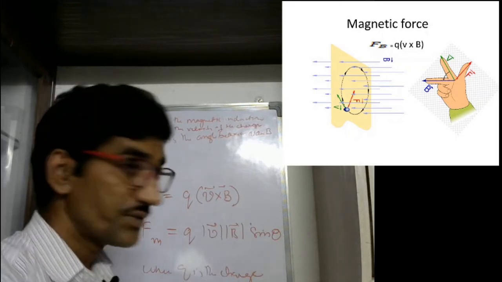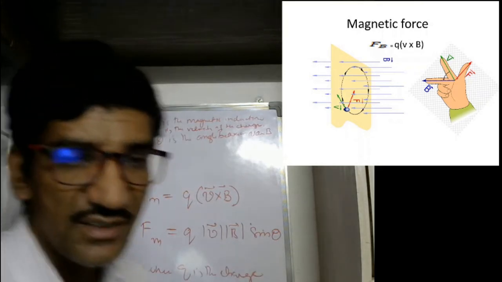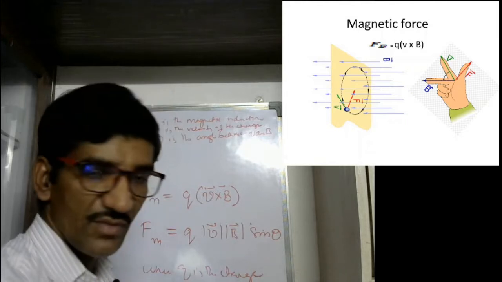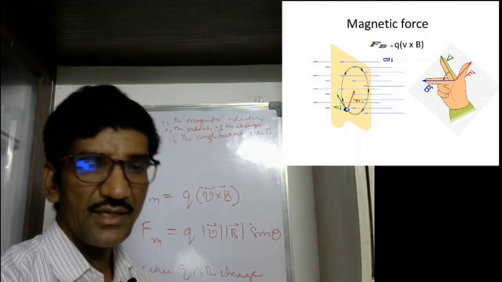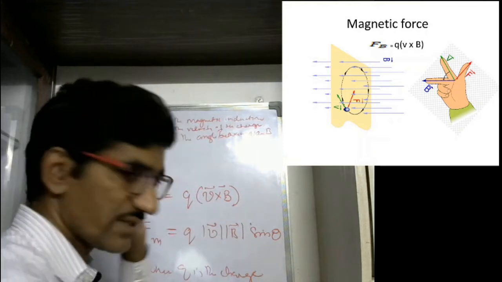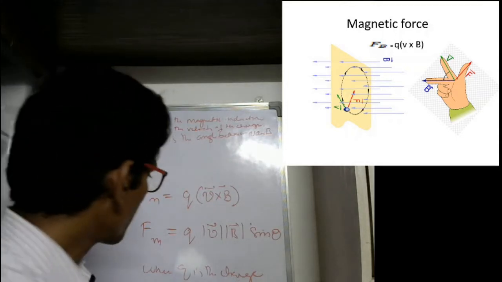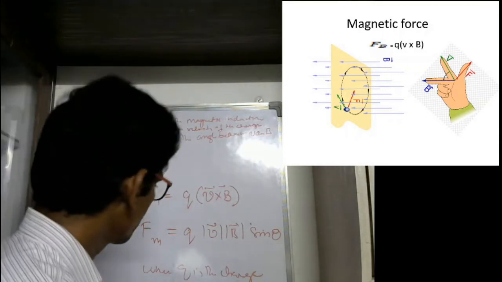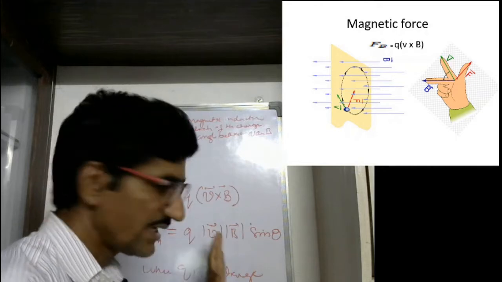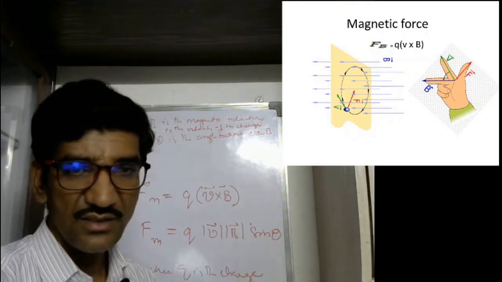It depends on Q, on V, on B, as well as sin theta, where theta is the angle between the magnetic field and the direction of motion of the charged particle. F depends on all these things.